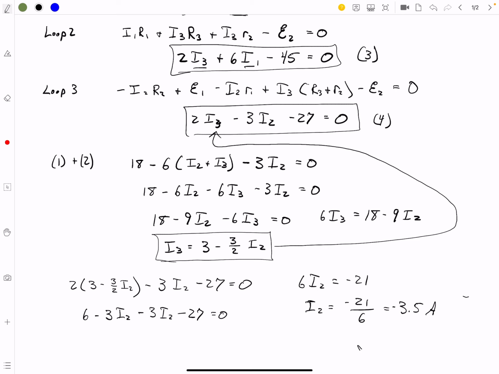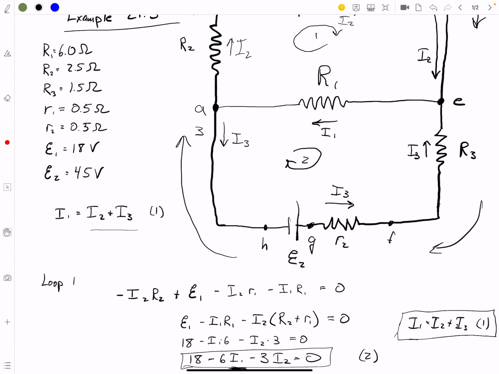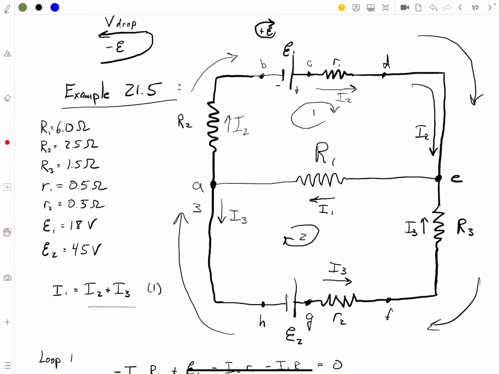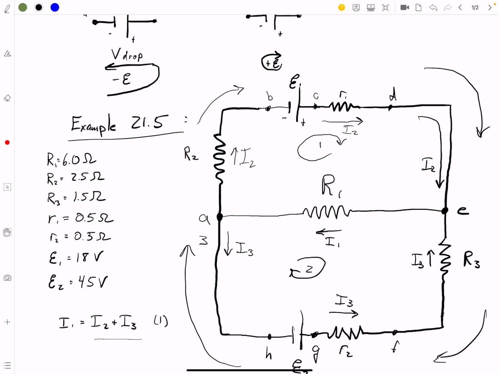What does that mean? It means that we chose our I2 direction incorrectly. So let's come back up here. We chose I2 going this way, in this direction, and guess what? It isn't. It's going in the other direction.